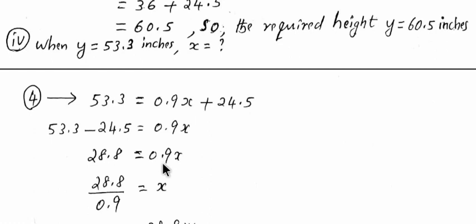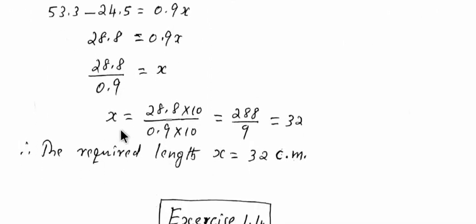Then take this 0.9 to the left side, it becomes division. 28.8 divided by 0.9 is equal to x, or x is equal to 28.8 divided by 0.9. Here we have to eliminate this decimal point in the denominator. Then only we can simplify this. One decimal place is there in 0.9.